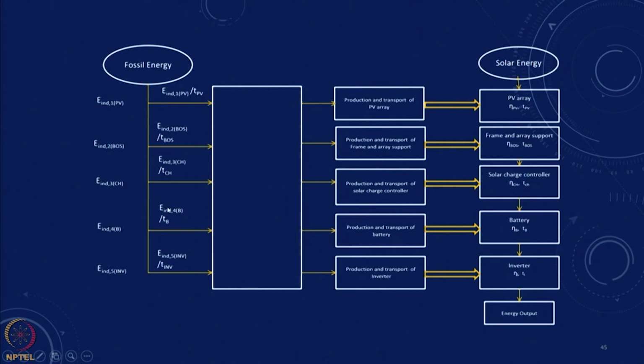When we look at the overall PV battery system, we are looking at the manufacture and transport of the PV array, production and transport of the frame and the array support, the solar charge controller, the battery, the inverter, and based on this, for a particular output, we can make this calculation. This gives us all the different steps in the life cycle analysis so that we can get the total amount of energy in this system.